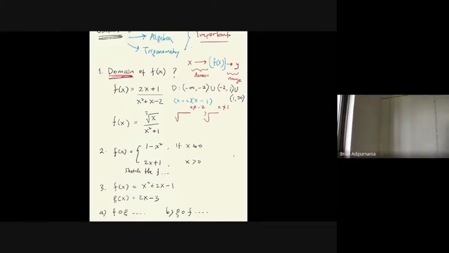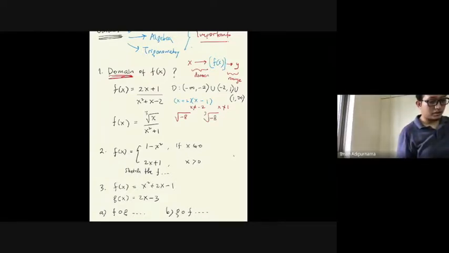If we put -8 here, is it making sense in the real world? No, right? We need to involve an imaginary number. But if you have a cube here, it makes sense, it's -2, right? In real numbers, it's making sense.